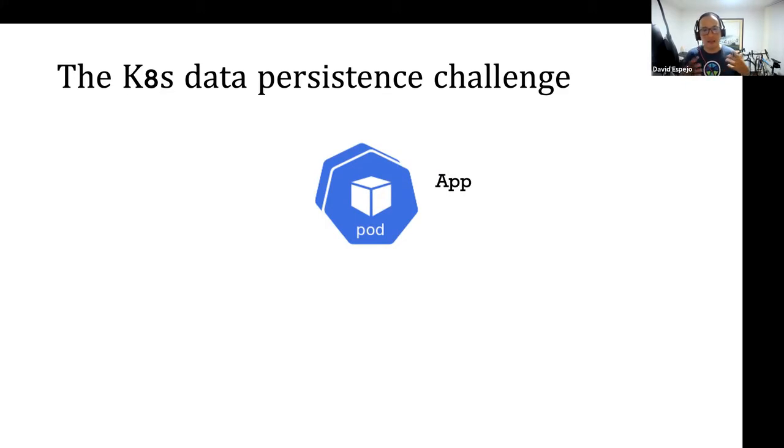Remember that pods are the fundamental computing unit in Kubernetes. So we have an application layer made up of, I don't know, 2 pods. And this application layer needs to communicate and to interact with another pod that happens to be a database.